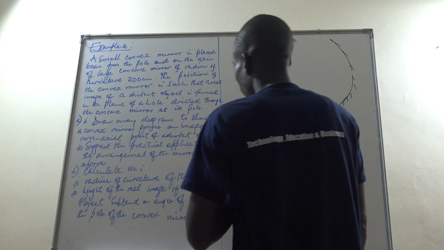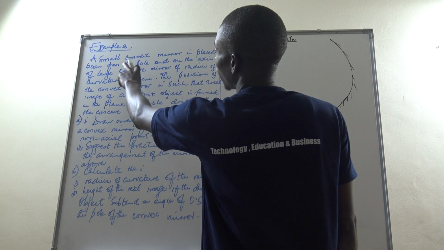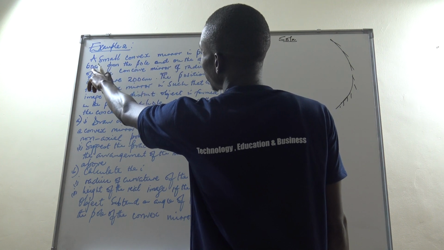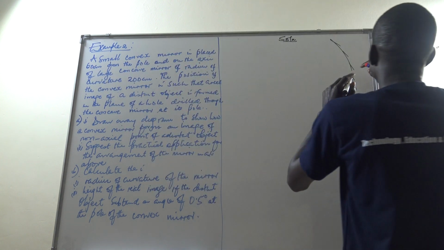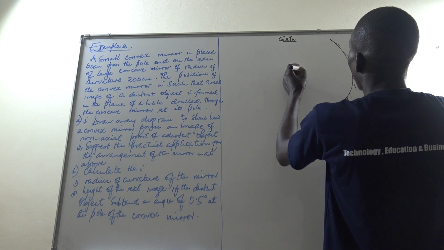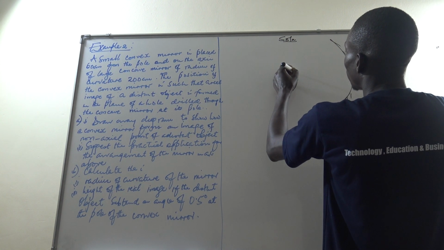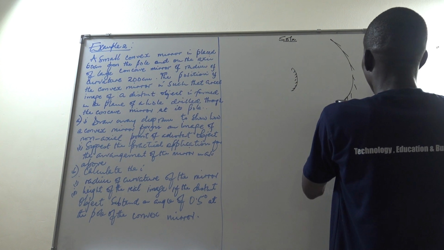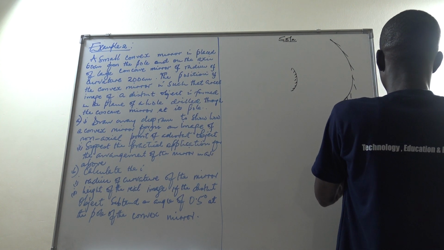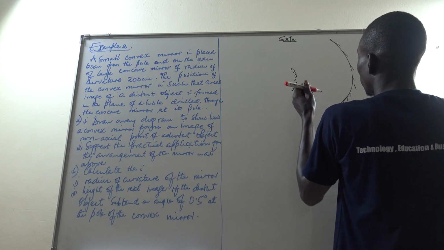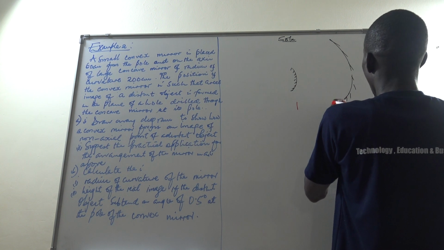Okay? A convex mirror is placed 60 centimeters from the pole. This is the pole. And now we have a convex mirror which is placed maybe somewhere here at a distance from here up to here.